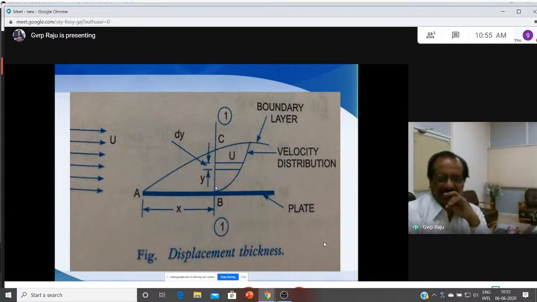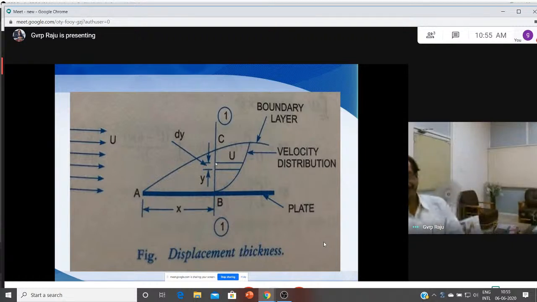The other is that the thickness of the boundary layer represents the region in which the velocity changes from 0 at the plate to the free stream velocity. Here the velocity is free stream. From position C to B, the vertical distance is the boundary layer thickness.